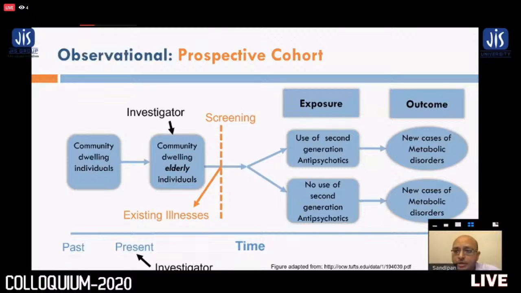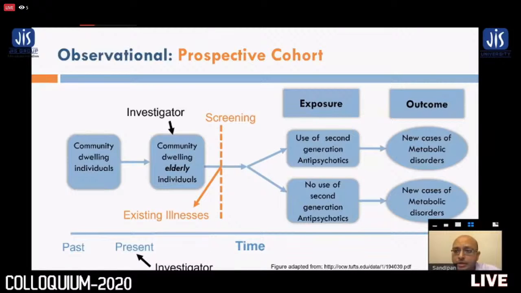So let's quickly compare and contrast randomized controlled trials and RWE, real world evidence. Sample size: RCTs have smaller sample sizes, pragmatic in the middle, observational has more. Duration: traditional RCTs are moderate, pragmatic controlled trials take much more time, observational studies are much lower in terms of duration. In terms of cost, RCTs are in the middle.